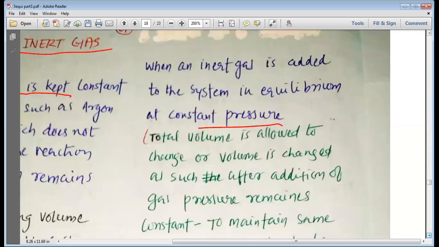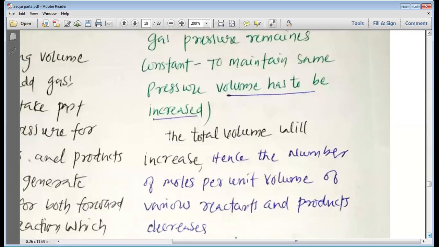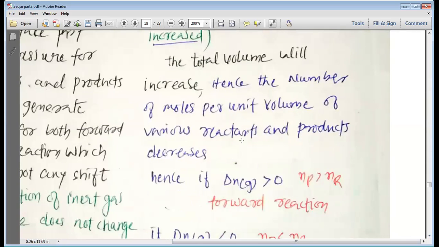It generates the effect as if we have decreased the pressure.